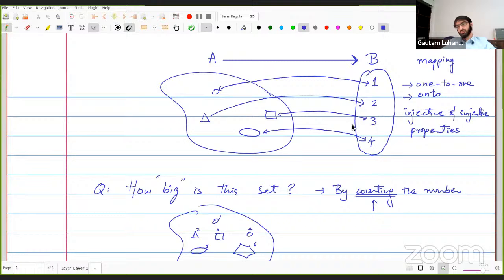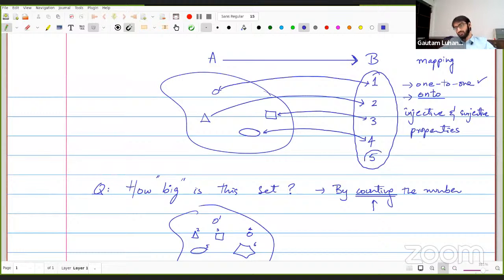And if I were to stop here and create perhaps another element, let's say I add in a 5 here. Now, again, this is a mapping, which is a one-to-one mapping, sure, but it's not an onto mapping. And by onto, I mean all the elements on the right-hand side should be mapped onto by some element from the left-hand side.